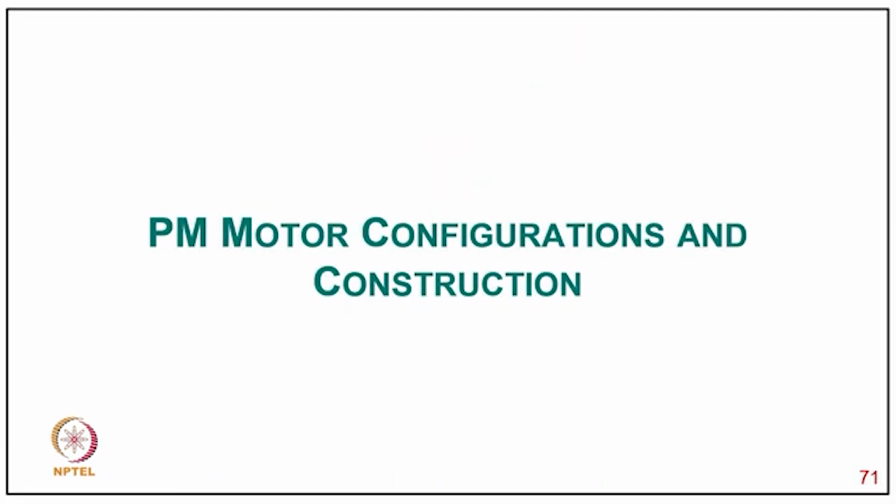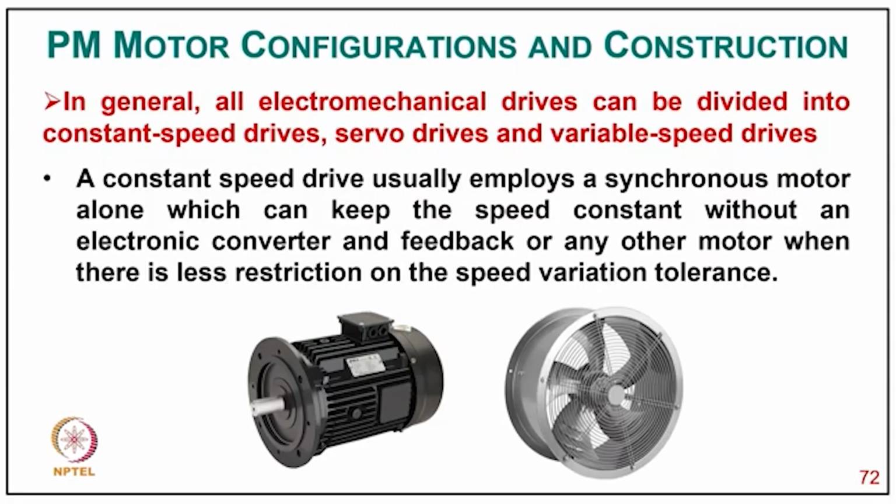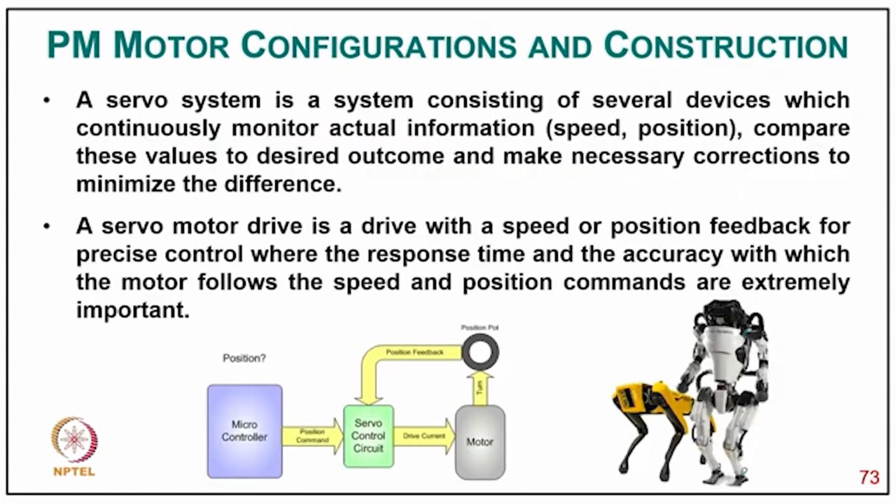Now coming to PM motor configuration and construction. So in general, all electromechanical drives can be divided into constant speed drive, servo drive and variable speed drive. So constant speed drives usually employ a synchronous motor, which can keep the speed constant without any electronic converter and feedback, or any other motor when there are fewer restrictions on the speed or variation tolerance.